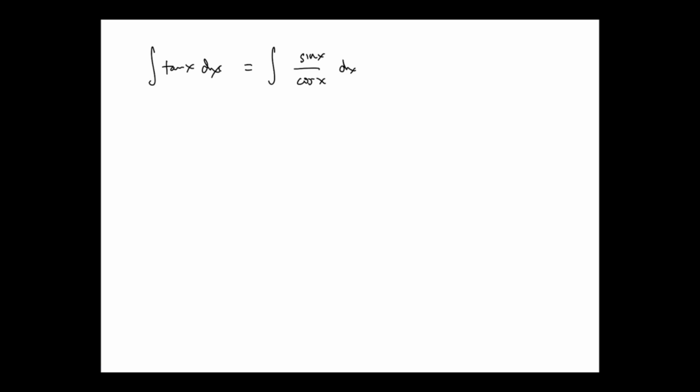Okay, and then that makes this problem look similar, not identical, but similar to the previous one. The only difference is that this time we only have cosine in the denominator, not cosine cubed.